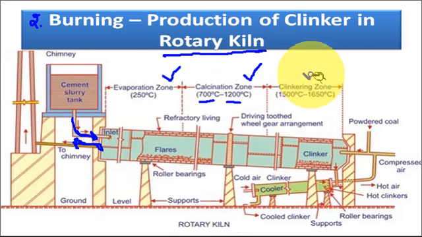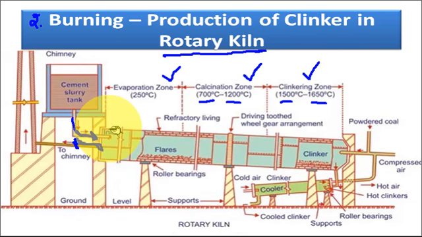And third is the clinkering zone, which has a temperature of 1500 to 1650 degrees centigrade. Since the heating is done from the lower part, the highest temperature of the rotary kiln is recorded at the lower part, which is the clinkering zone. So I hope the construction diagram is clear to all of you.